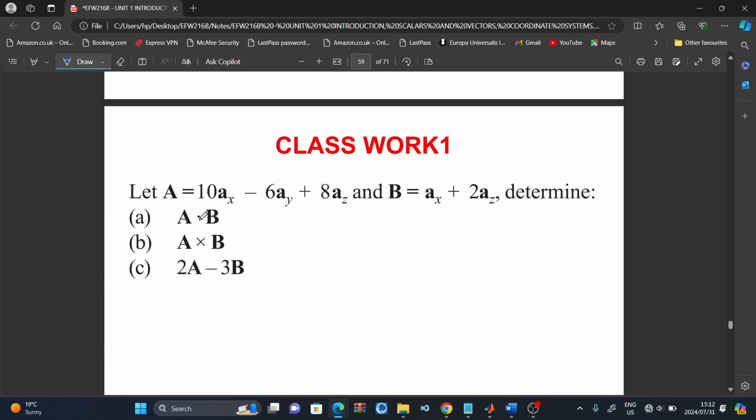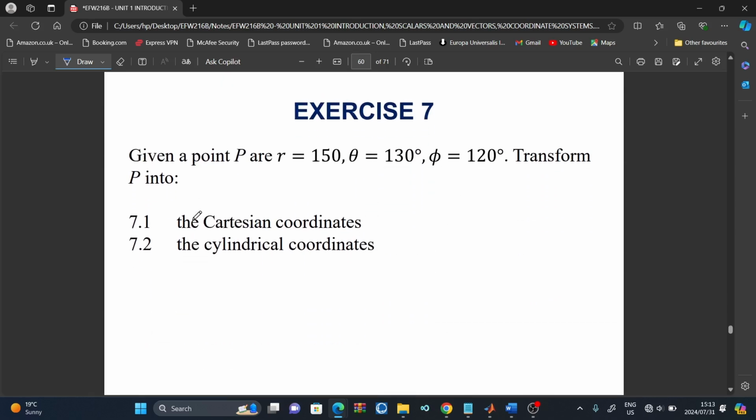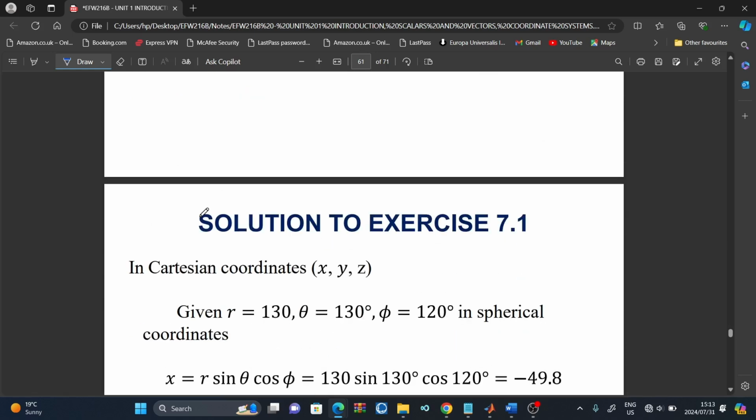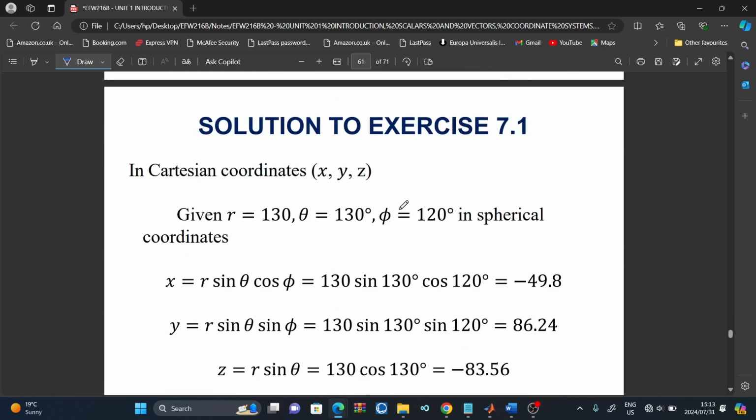Then this is a class work. It's simple enough. You can go through it. Exercise 7 is simple enough, where they say the given point is P, where R is 150. If you can see it's in spherical coordinates, then you must find the Cartesian and cylindric, which is simple enough, and you can go through it yourself.